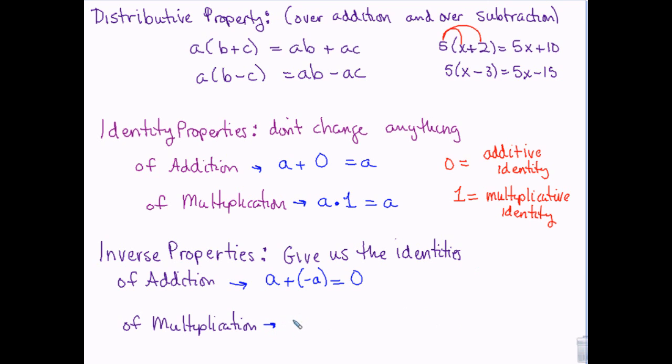For the multiplicative inverse, we want to get 1. So you multiply by the reciprocal. Okay, so here you have the opposite, and here you have the reciprocal. So negative A is the additive inverse.